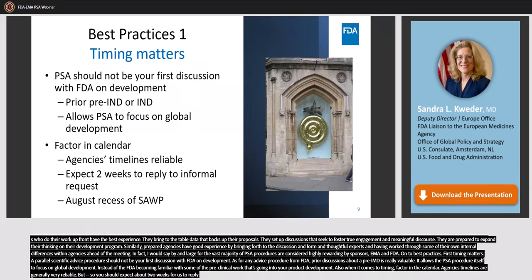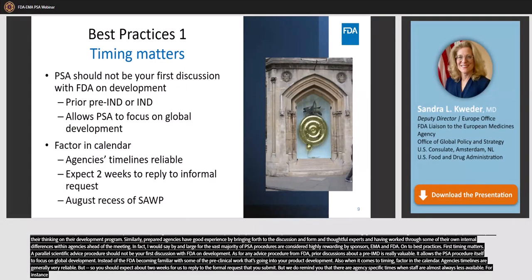But we do remind you that there are agency-specific times when staff are almost always less available. For instance, the August recess of the Scientific Advice Working Party. If you submit a PSA request in July, there may be a delay longer than usual if you submitted it in September, for instance.